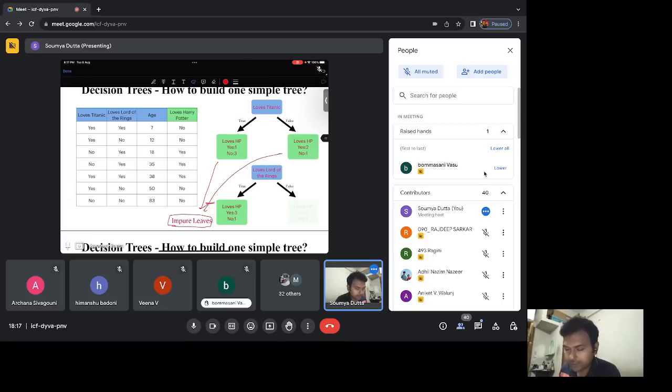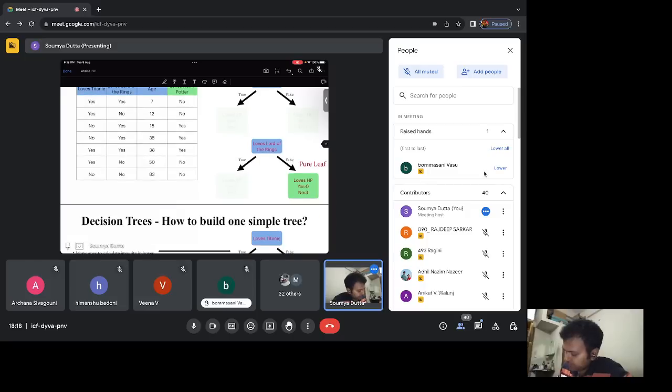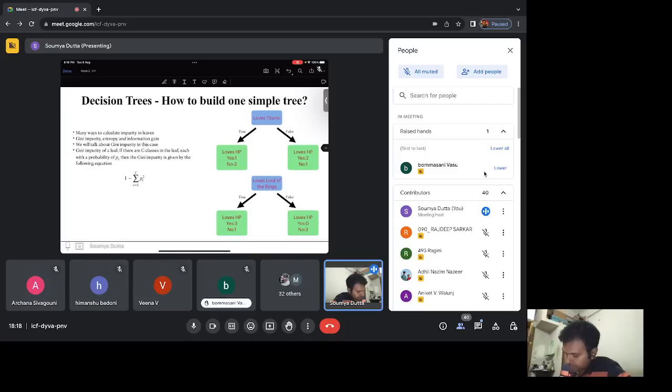No is majority in this, yes is majority in this, yes is again majority in this, but you have the representation from the other class as well, and therefore these are called impure leaves. On the other hand, if you look at this particular leaf, this has no yes, only 3 no's, and therefore this is known as a pure leaf, because there is representation from only one class in this particular leaf.